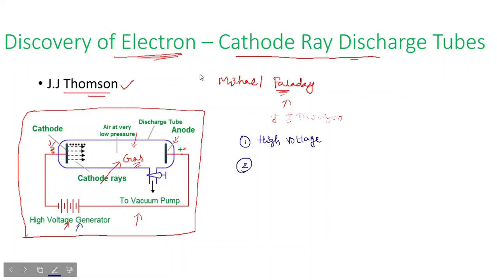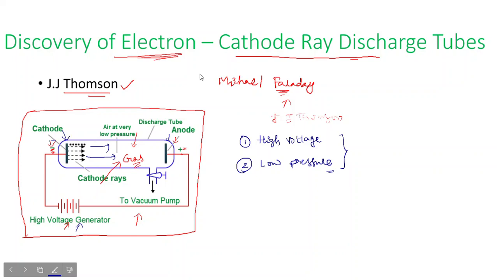Next, he made the pressure very low. So under these two conditions, he observed that some rays started traveling from cathode to anode in this direction. This is the cathode, and this is the anode.